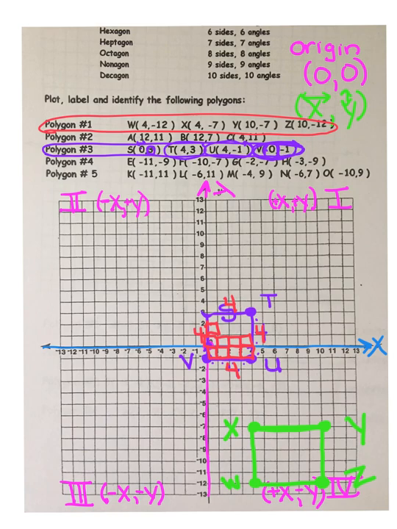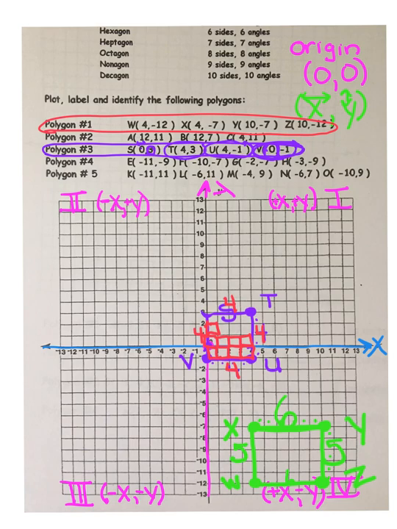Let's start with the length. 1, 2, 3, 4, 5, 6. If the length is 6 on top, well, it's 6 on the bottom. And then, as we count the length of the side, 1, 2, 3, 4, 5. If the right side is 5, so is the left.